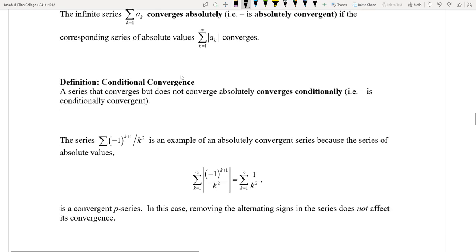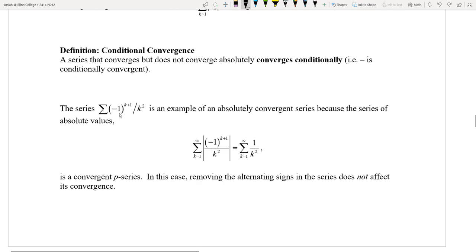So a series like this, we have -1 as our alternator there, and we have it over k squared. If I apply absolute values, it gets rid of that -1. It gets rid of that alternator, and we're just left with 1 over k squared. That's a convergent p-series. So removing the alternating signs does not affect the convergence, which means that this guy is absolutely convergent. So that's kind of our highest example now that we can get of convergence.